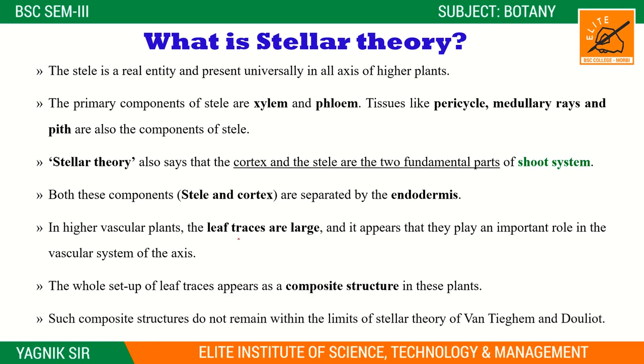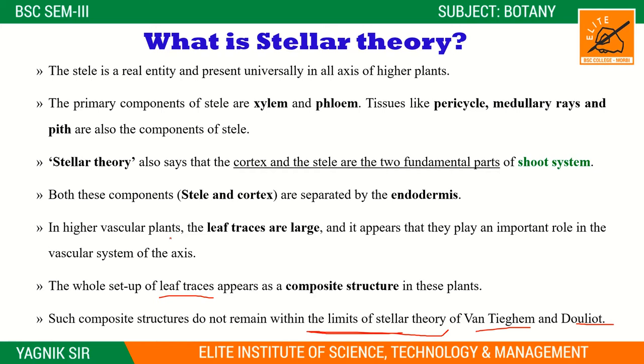Such a composite structure does not remain within the limits of the stelar theory, which was proposed by Van Tieghem and Douliot. Leaf trace structure is a composite structure, and it does not remain in all higher plants.